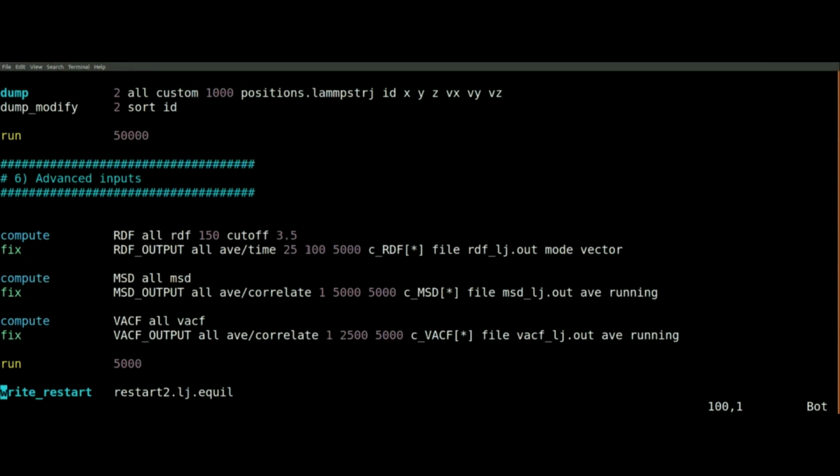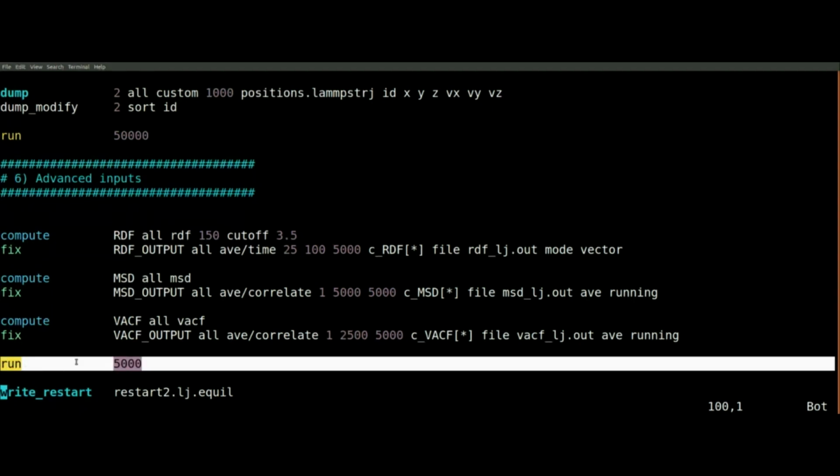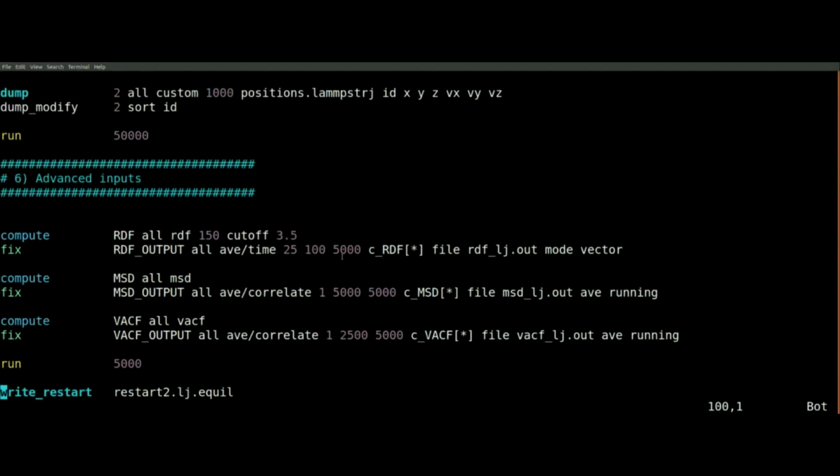You'll notice there is a run 5,000 command right at the bottom here that I've highlighted. I'm telling LAMMPS this next bit's going to take 5,000 steps, and for the last 2,500 of those, every 25 time steps, take an RDF, and then at the end, average those.